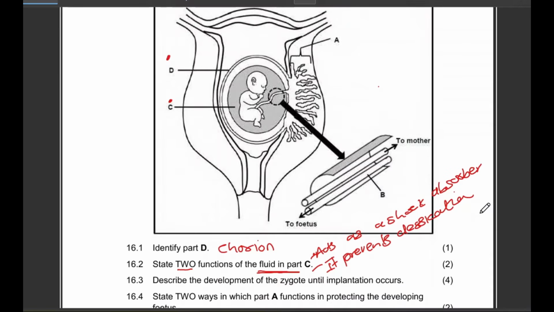It allows the fetus to move freely. We can also talk about it keeping the temperature, that fluid ensuring that the temperature is kept within a certain range or a narrow range, but they just asked us for two, so any two functions.